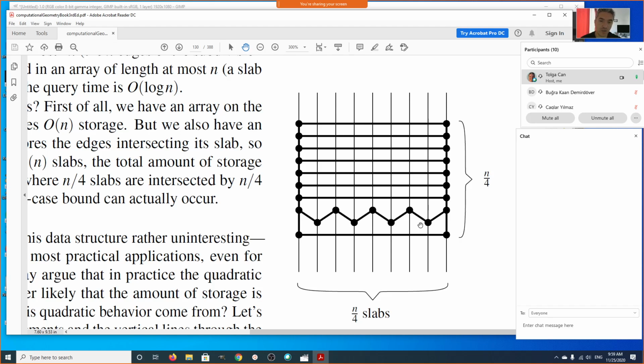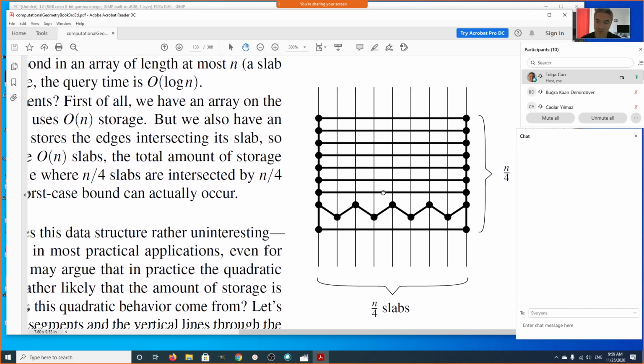So we may have a situation like this. These vertical extensions may create lots of new subfaces, and their number can be quadratic in the number of vertices. This is the worst case behavior.